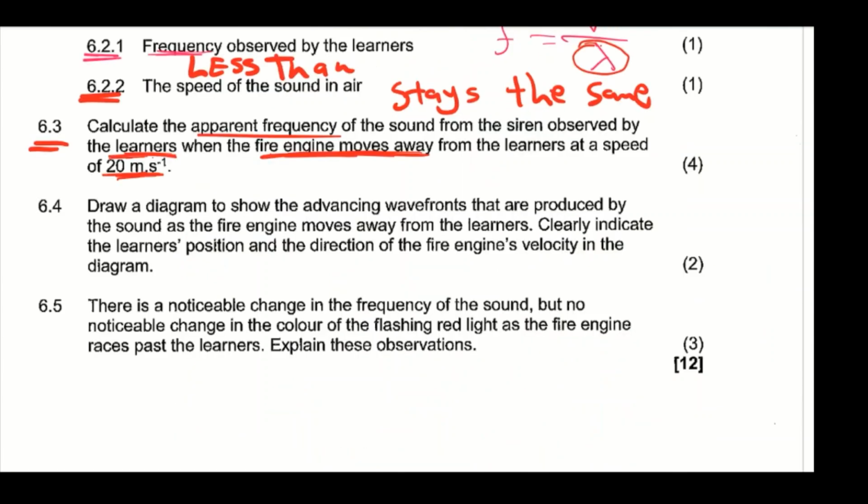I'm gonna do 6.4. Says that draw a diagram to show the advancing wave fronts that are produced by the sound as the fire engine moves away from the learners. Critical statement. Clearly indicate the learners' position and the direction of the fire engine's velocity in the diagram. So what we know is that we're having the learners here.